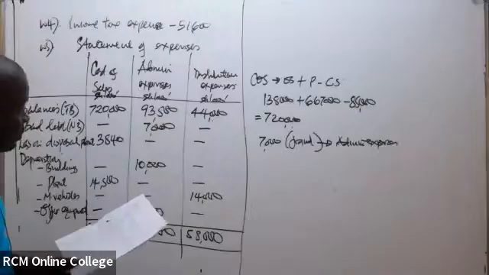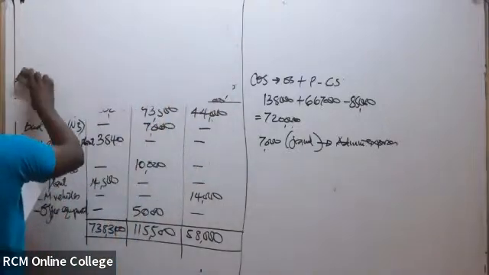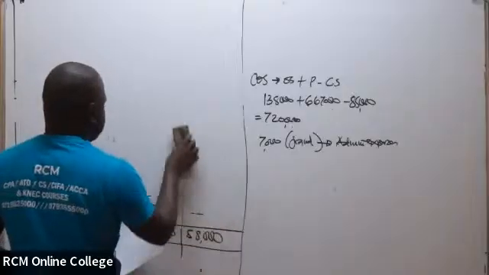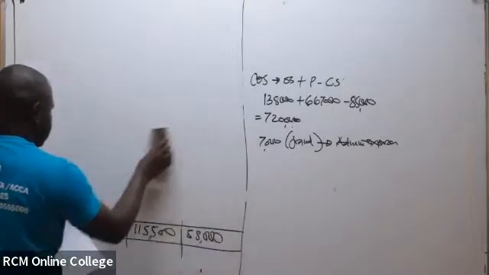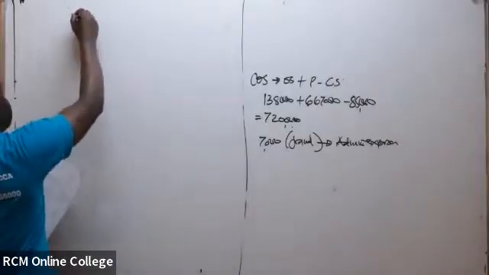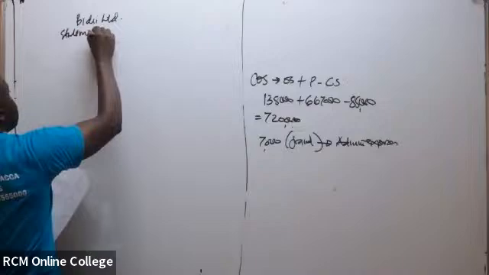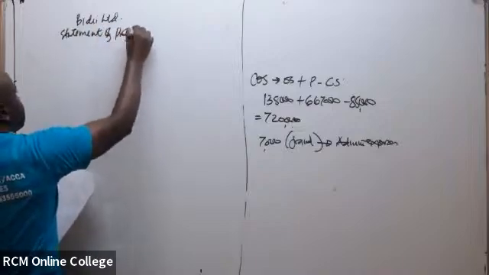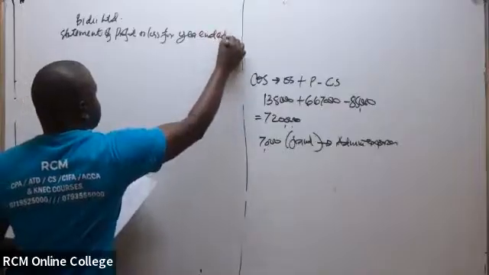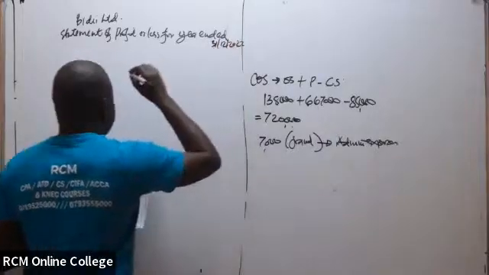So BD Limited, statement of profit or loss. Year ended 31st of December 2022.